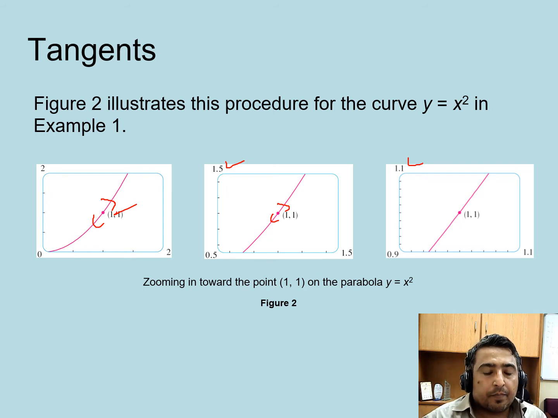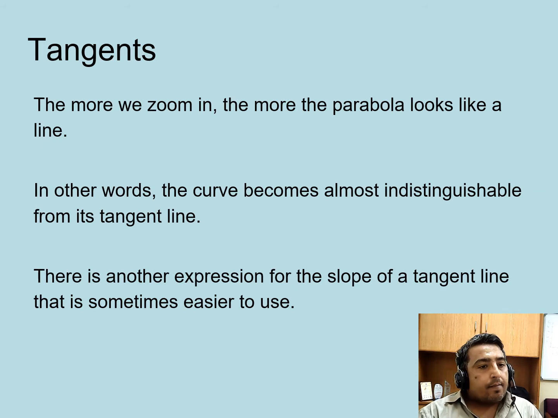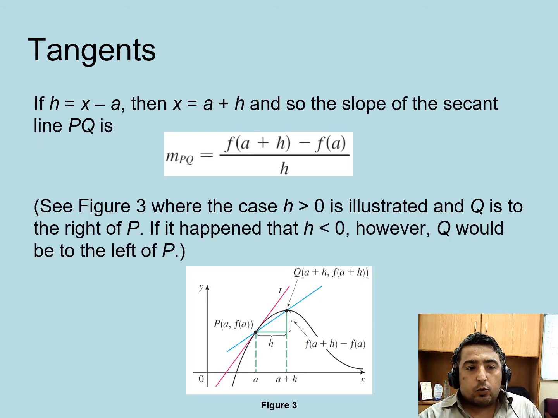So basically the slope of the tangent is the slope of the curve. So this is what is written: we zoom in and then find.